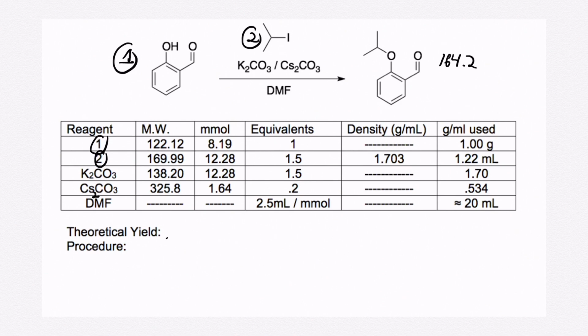Our theoretical yield would be that 0.00819, and that is our millimoles just converted back into moles, and we'll multiply that by 164.20 to give us our theoretical yield of 1.345 grams. That just so happens to be coincidence.